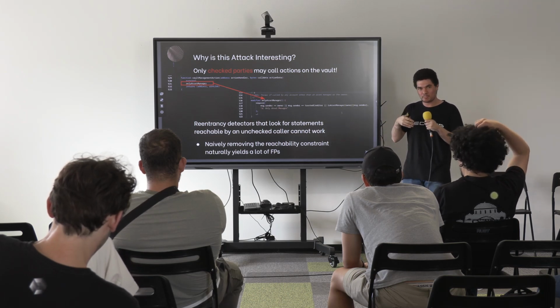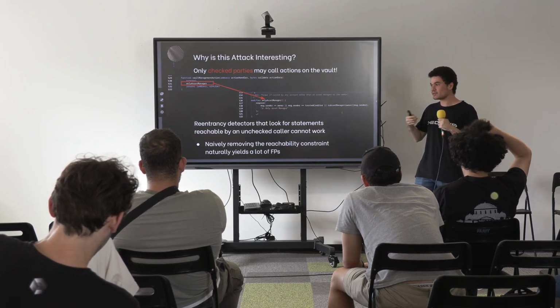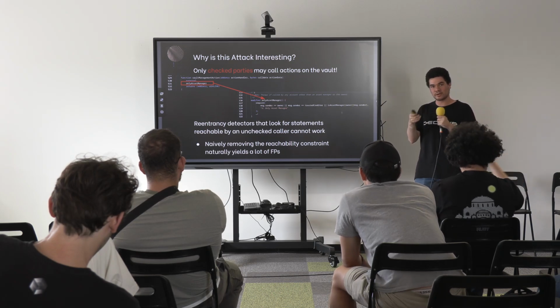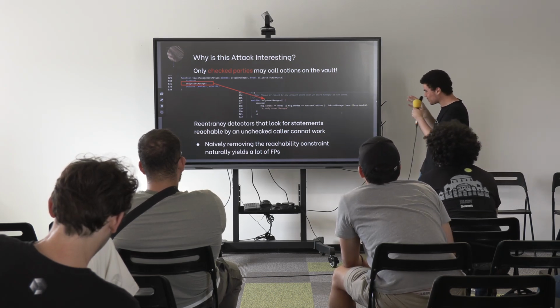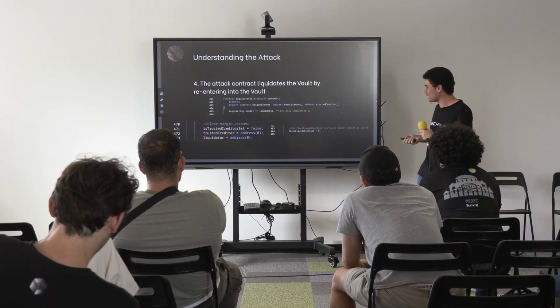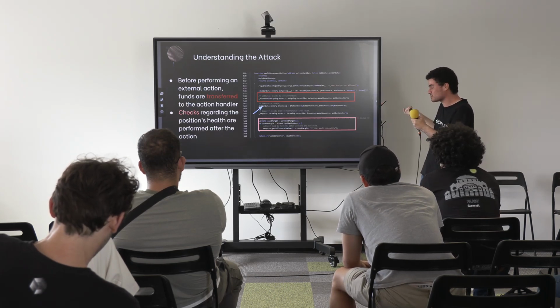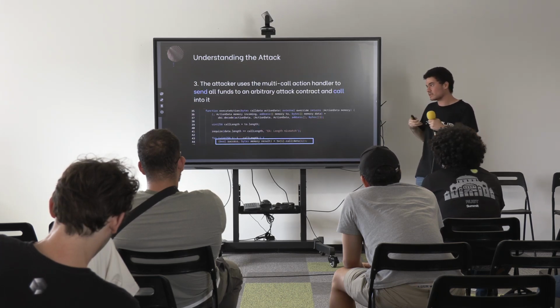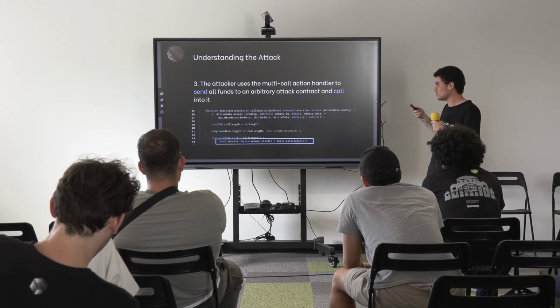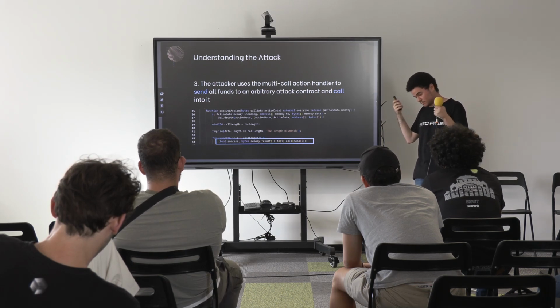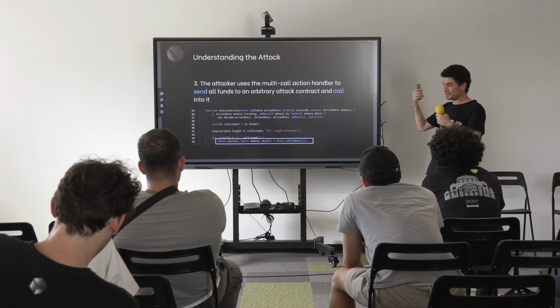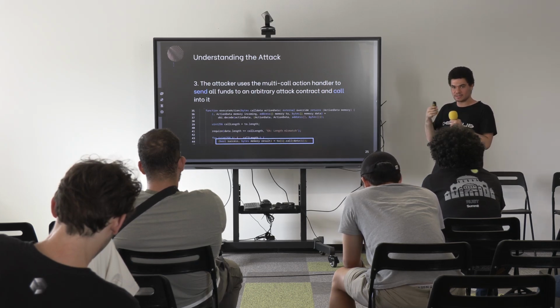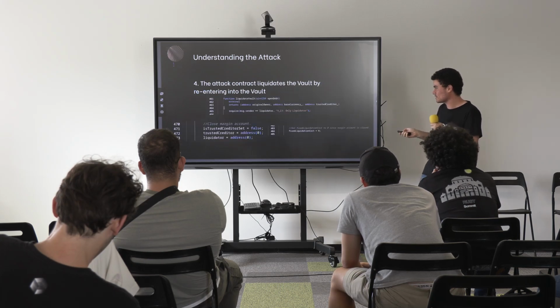So many static analyses try to argue about whether the caller is checked. At this time, the caller is checked, but we still have in our hands an exploit. So how could our detectors be adapted into detecting attacks like those, where the caller is checked, but for some reason he still performs malicious actions?